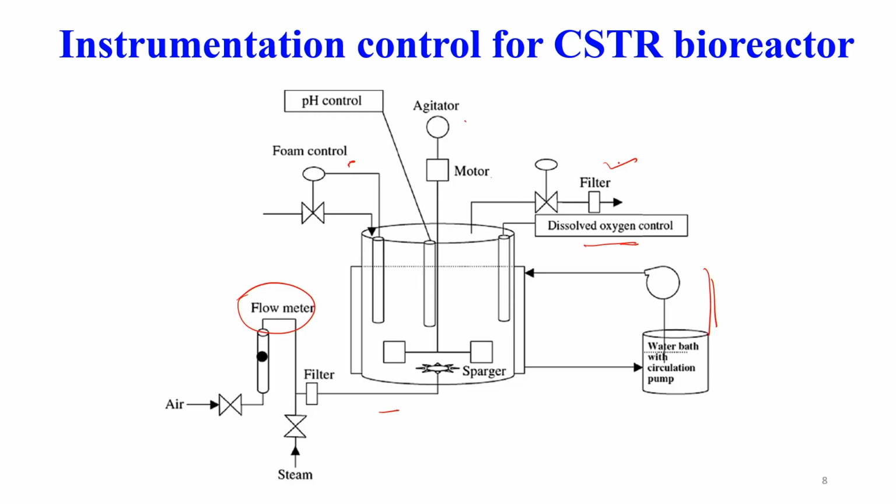So, typically you see this part is agitation, this is the aeration, and this is pH, foam control, this off gas control, dissolved oxygen control, and this is to control the temperature. We are having a water bath with a circulation pump, and there can be whatever I have discussed in the last slide.